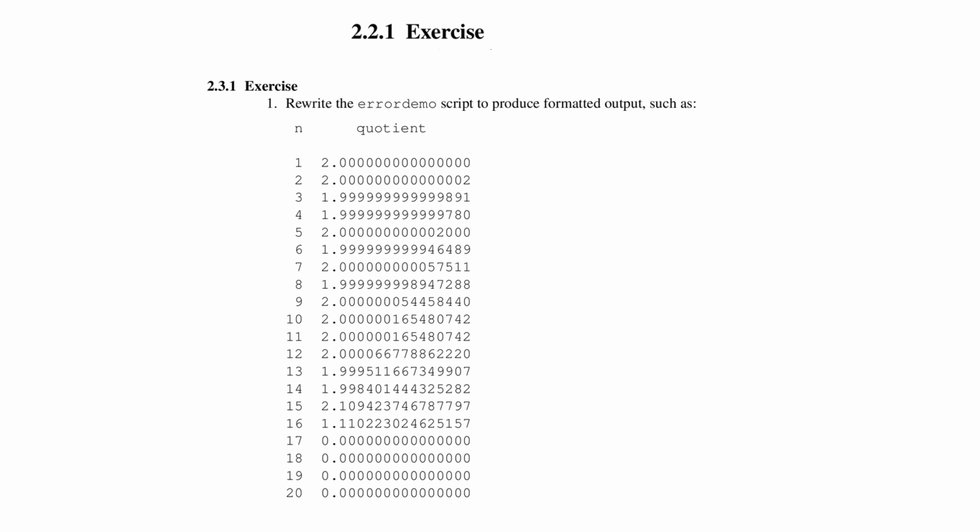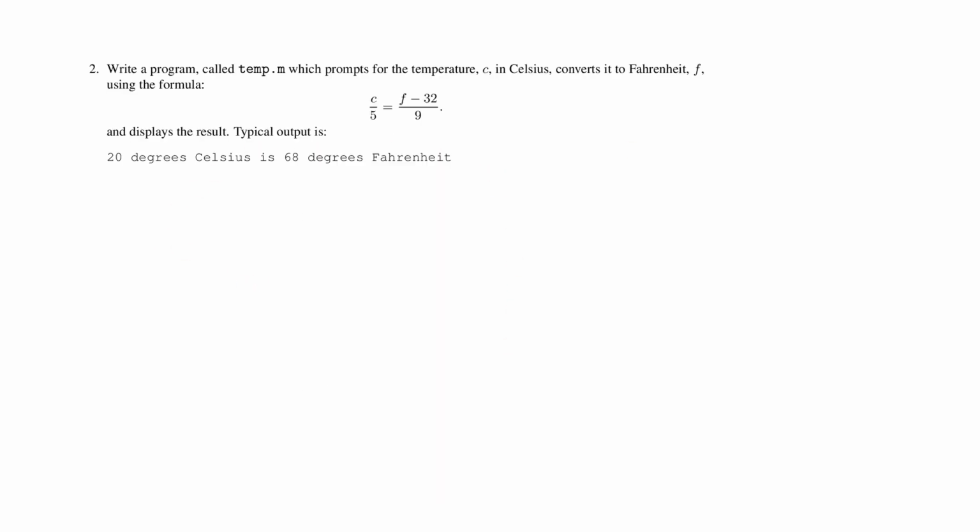Well, here's a very instructive exercise which you should work through very carefully. This is just a rewrite of that script that we saw, which illustrates loss of significance, but try and get the printing to come as neatly as possible. I'll just click through these as each one appears.